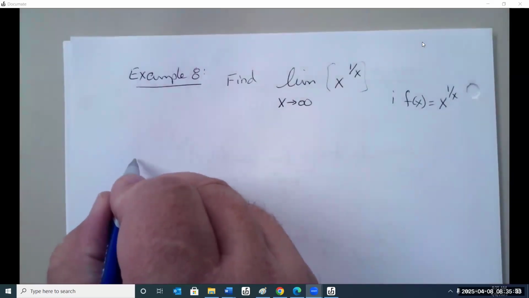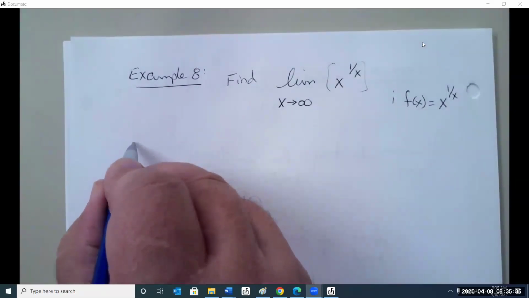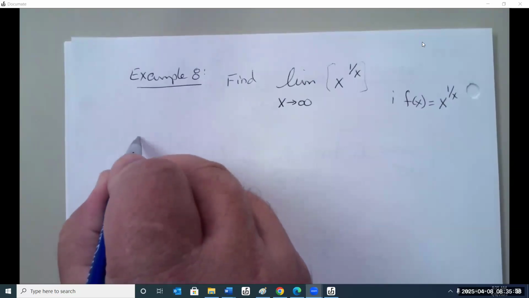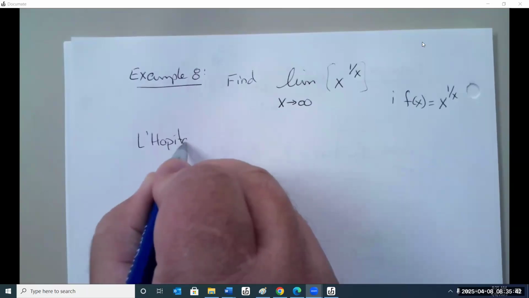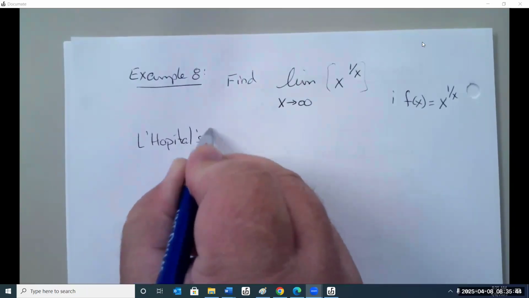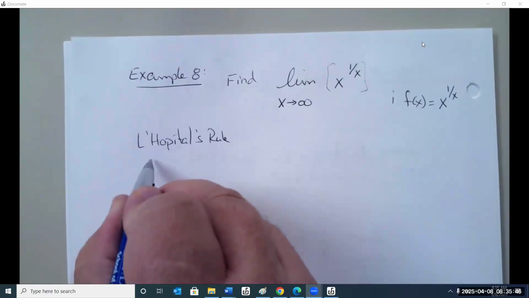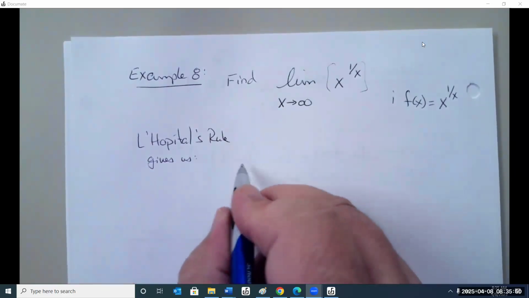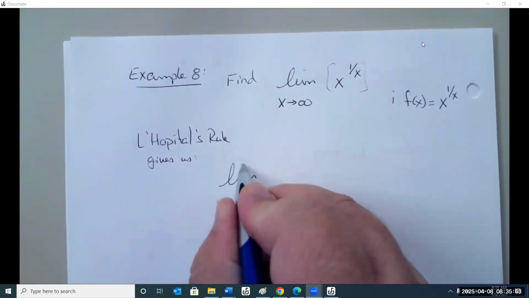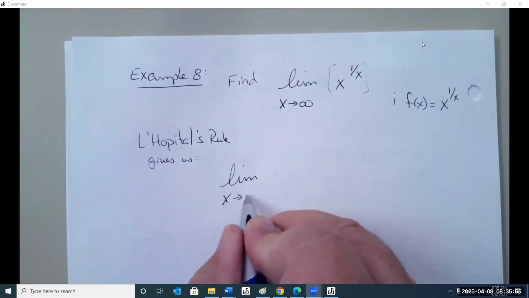We have to follow this sequence. So we have L'Hopital's rule gives us. Okay, first off, we have the limit as x goes to infinity.